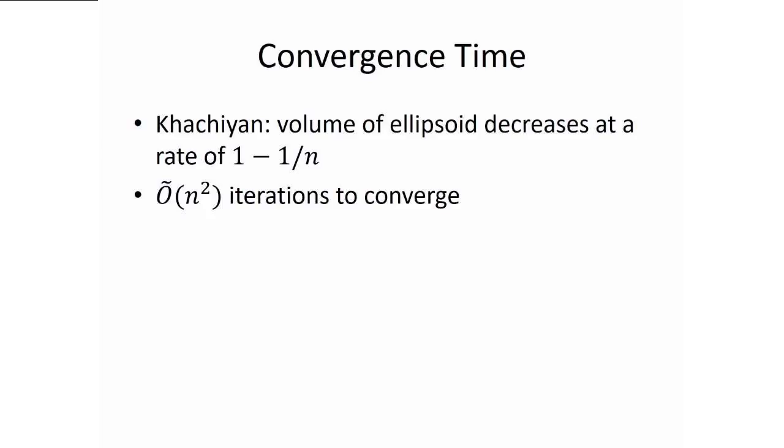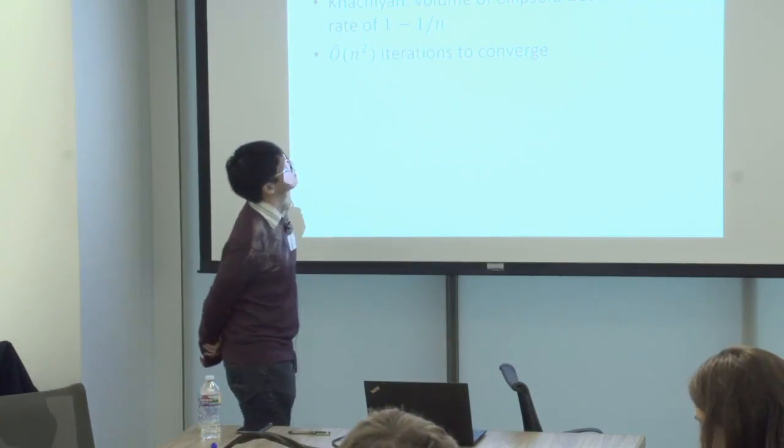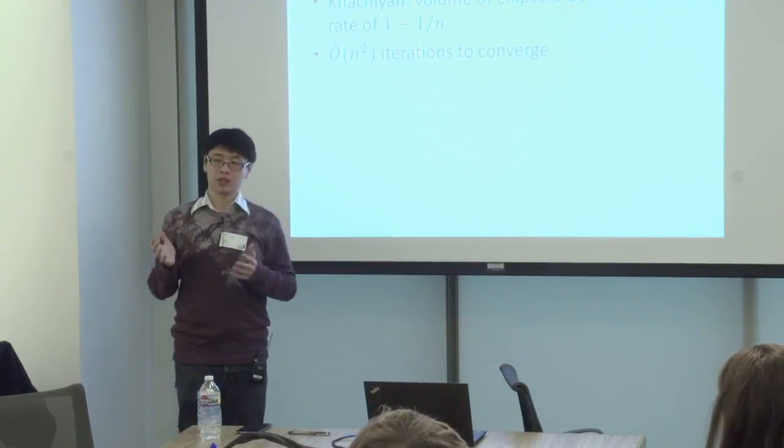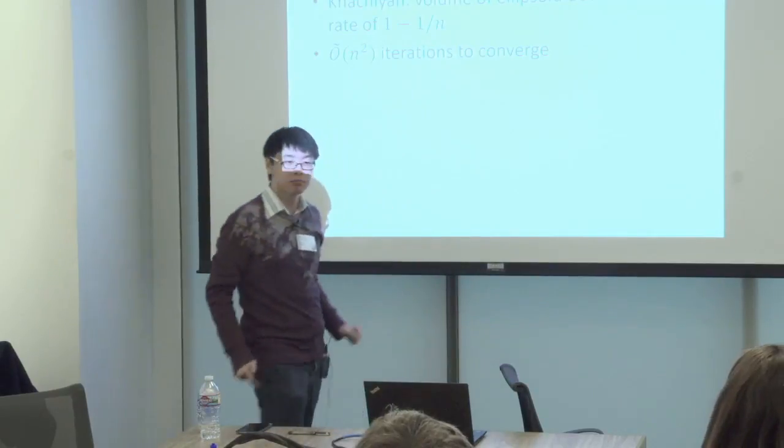So this is what Khachiyan proved for the ellipsoid method. He formulated the ellipsoid method, and he basically proved n² time convergence by arguing the volume of the ellipsoid decreases at a rate of 1 minus 1 over n.